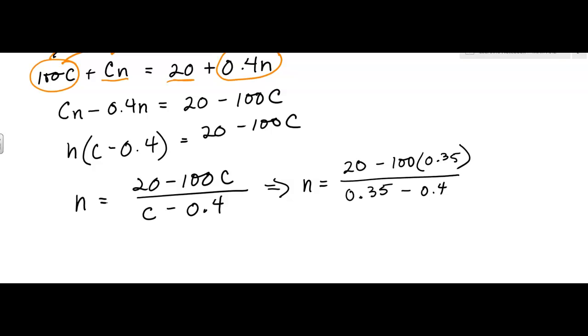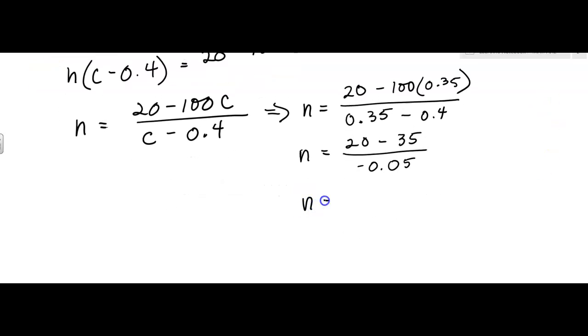Okay, so at this point, you could pull out a calculator. I'm going to do a little bit by hand. So 20 minus, that's going to be 35. And then in the denominator, I'm going to have negative 0.05. But again, you could use a calculator.